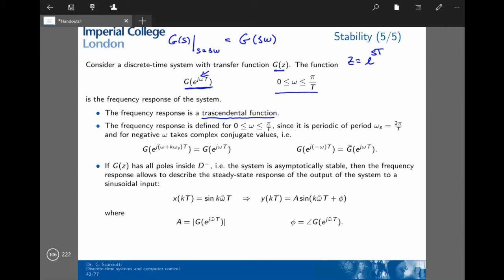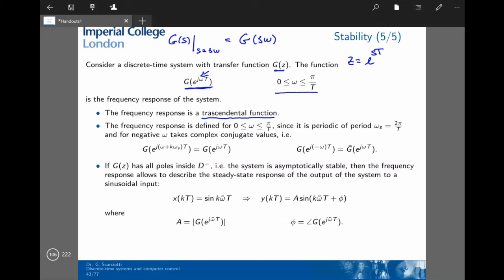What we will see later on when we work with a Bode plot is that for high frequency, there will be a lot of high frequency oscillations. This is due to this exponential, and is connected to the problem of folding and all the problems that we have discussed in the lecture on sampling and reconstruction.